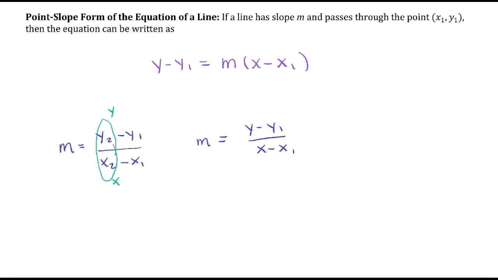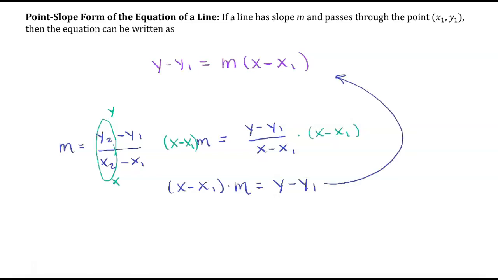Multiplying both sides of this equation by the denominator x minus x1 gives us (x minus x1) times m equals y minus y1. This is the exact same thing as the point-slope form of the equation we have written here. The only difference is it's just flipped around.